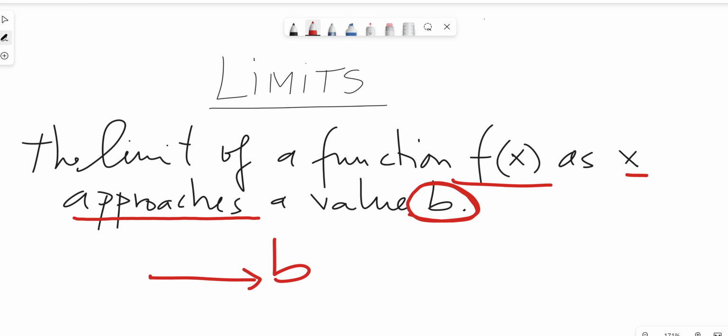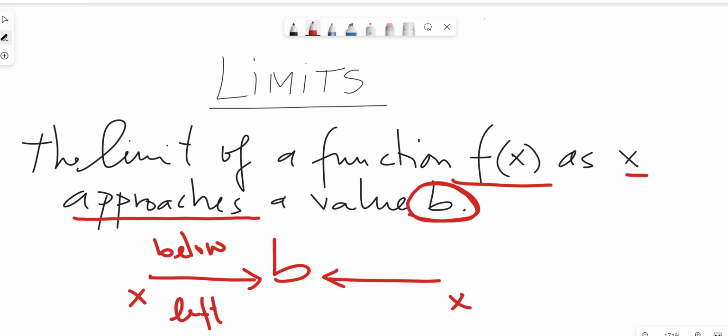we mean as x either increases towards the value b, we talk about approaching from the left or from below, or as the value of x decreases towards the value of interest b.